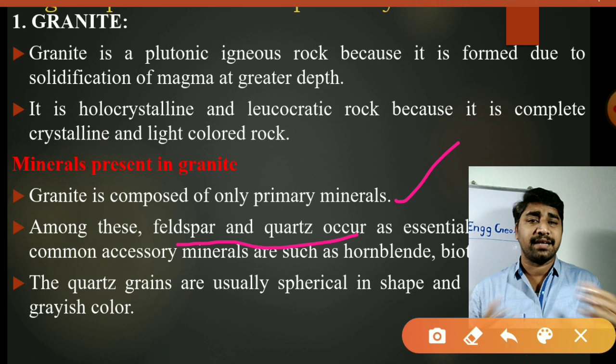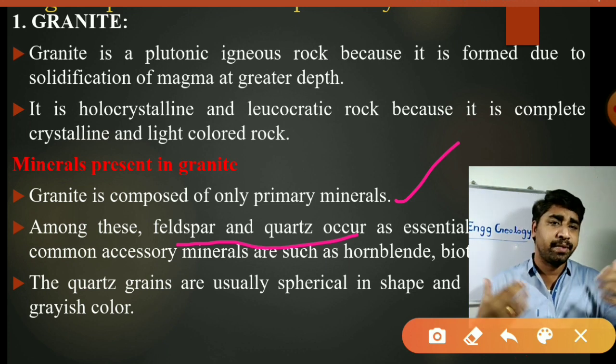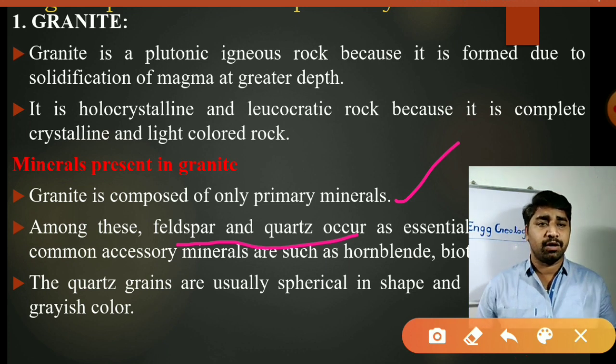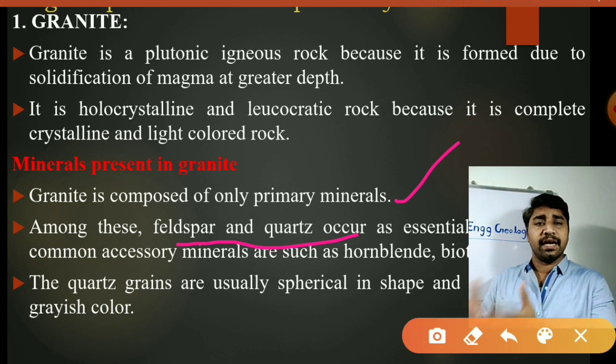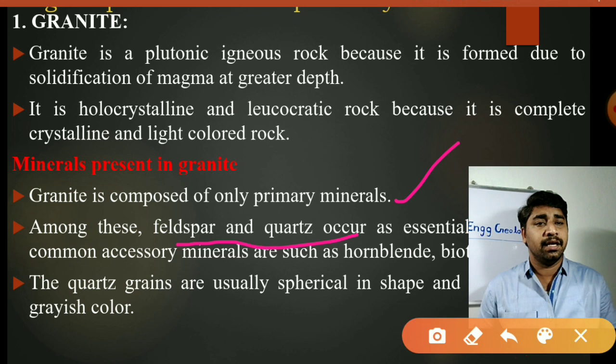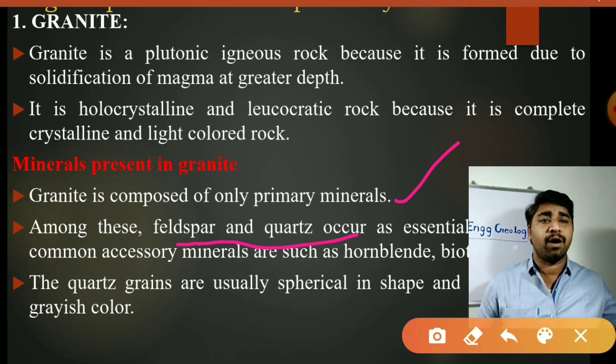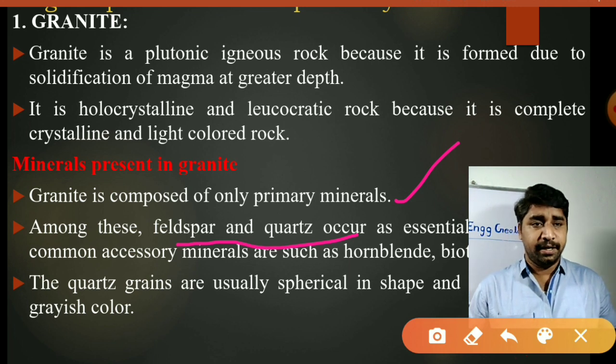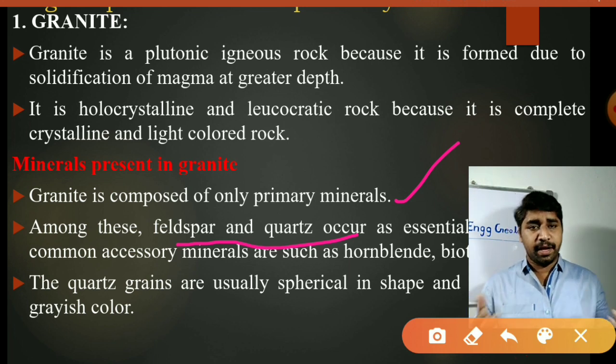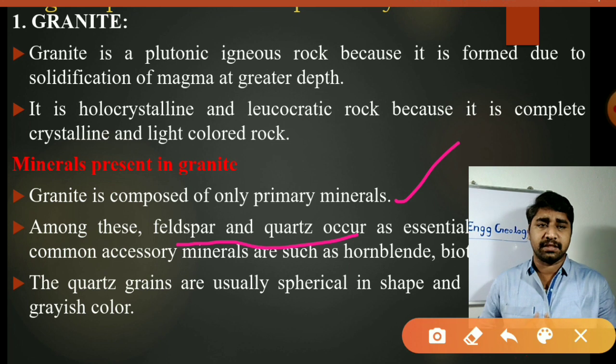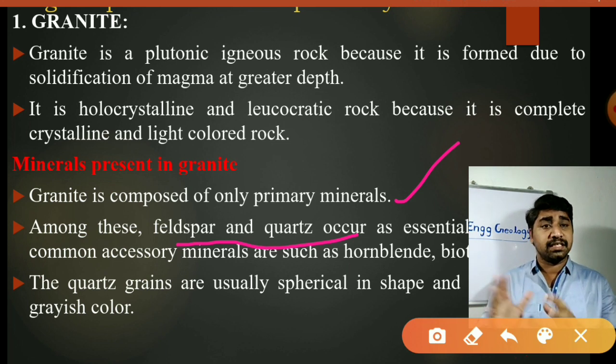Another kind is the accessory minerals, which may or may not be present in all kinds of rocks. For example, if you take granite from one place, it may have some accessory minerals. If you take granite from another place, it may not have those accessory minerals. Both are granite, but they may not have all these accessory minerals. Essential minerals are not like that.